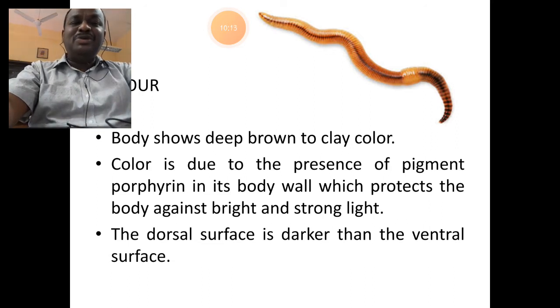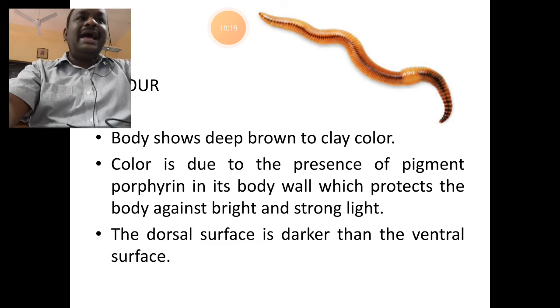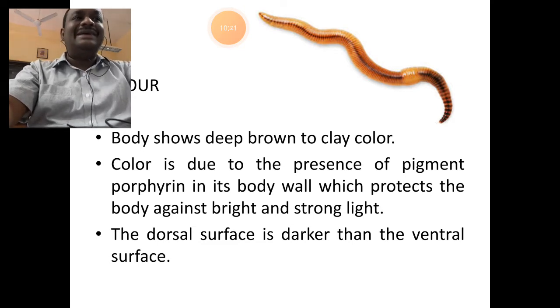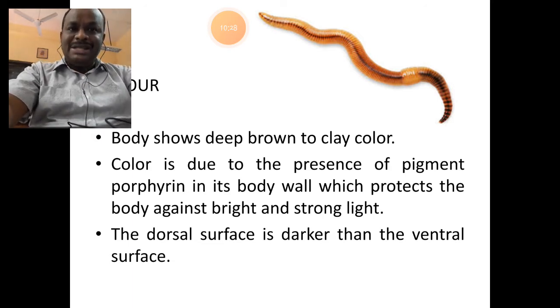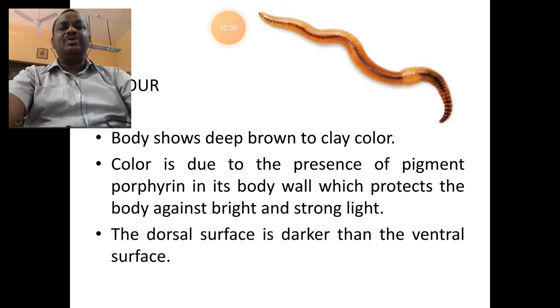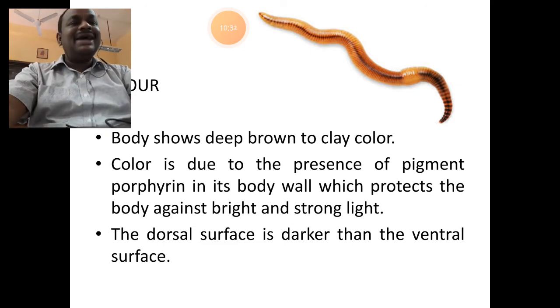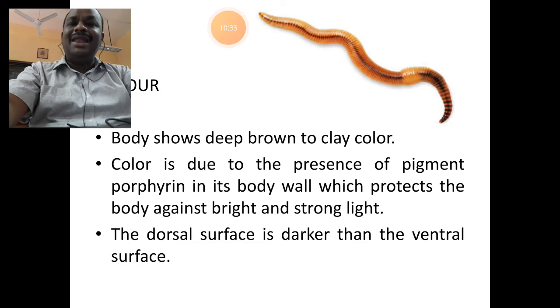Students, the very purpose of this porphyrin pigment present in the body wall is to protect the animal against bright and strong light. You know, earthworms are photophobic. Photo means light, phobic refers to hating. So, this organism doesn't like the light.